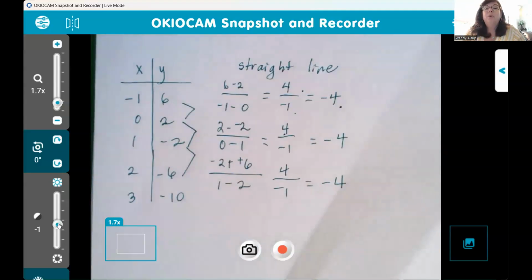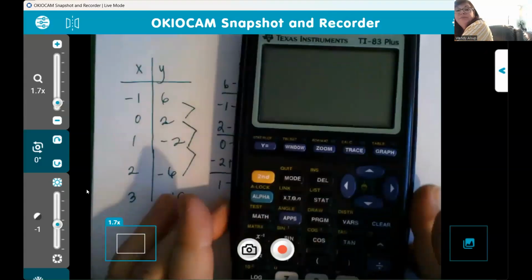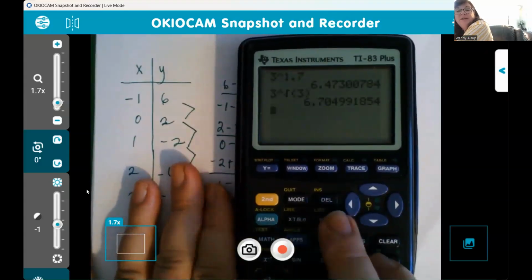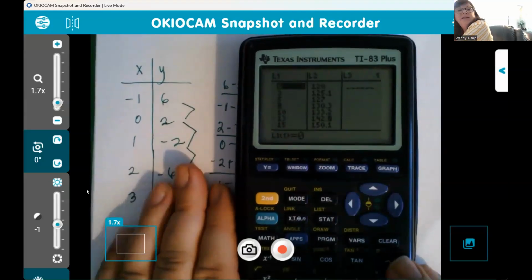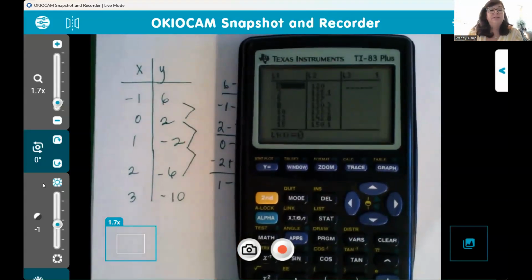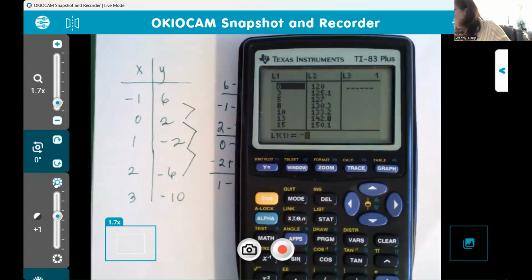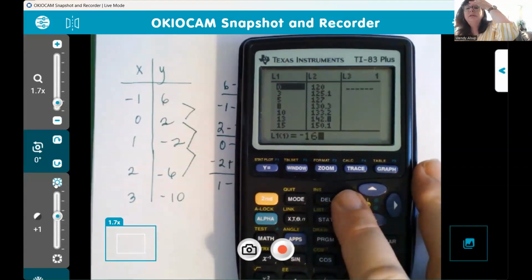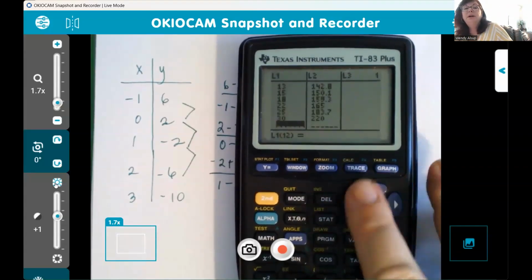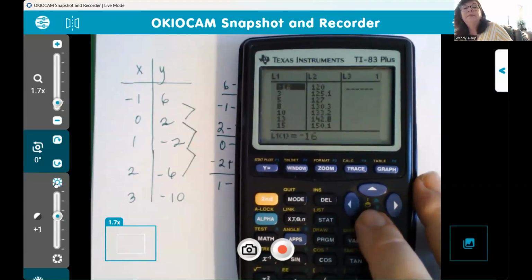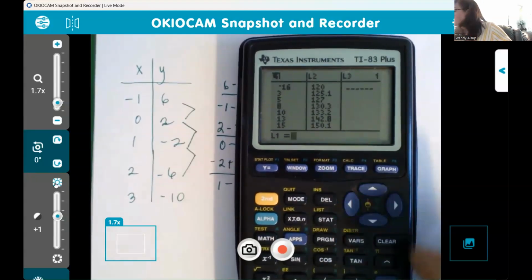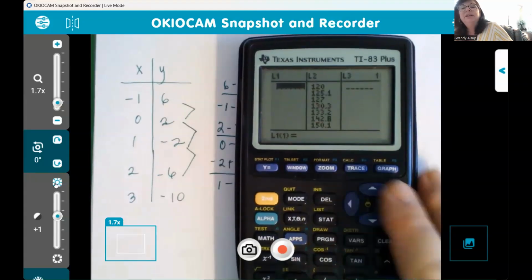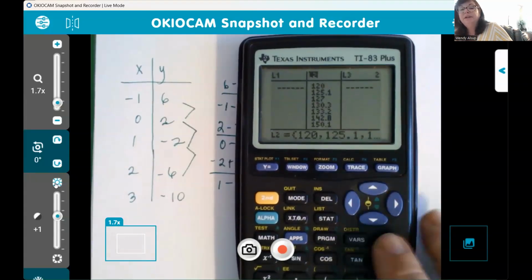So if I plotted those points on my graphing calculator, which I can do, one way you can do it is here in stats. Let's edit our list. Let me clear this one off and delete this.